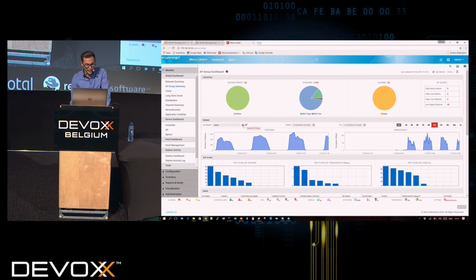This is room 8, for instance, which is the big room on the other side, where about 700 people can sit, and you see that yesterday we had a peak of 664 clients connected to the network, which basically means that nobody listened to the talk and everybody was looking at their iPhone or whatever.